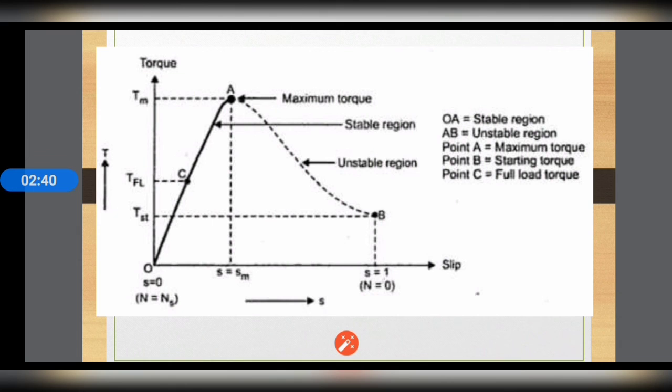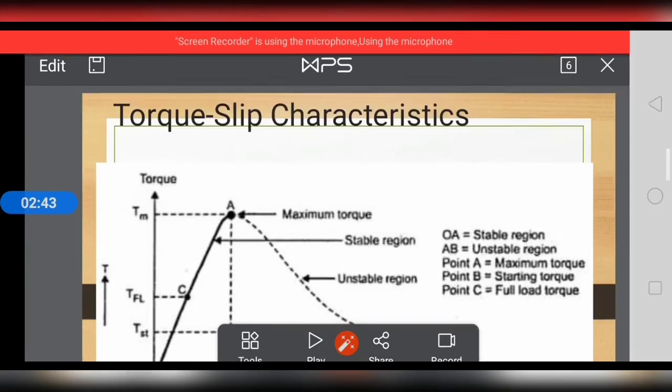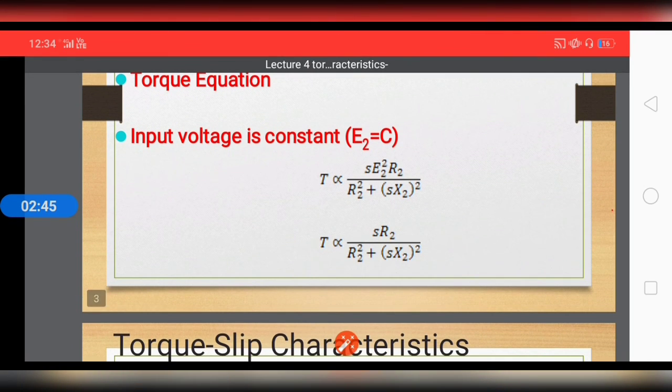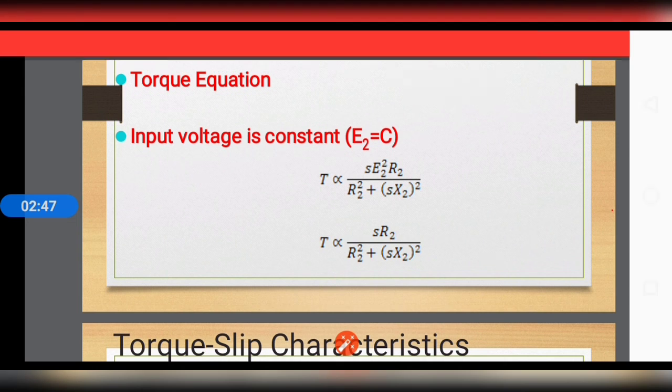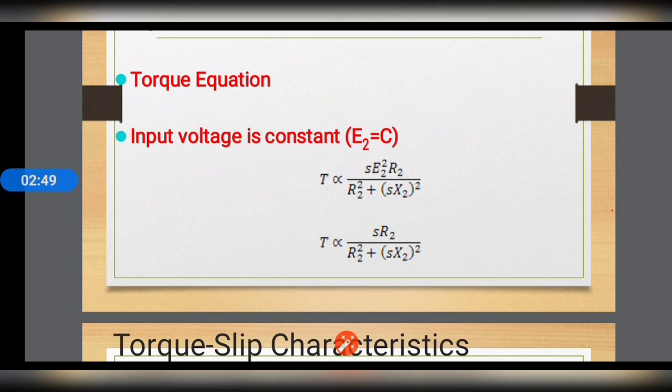When the value of s is very small, we can see from this equation that the sX2 term can be neglected in comparison to the R2 term.